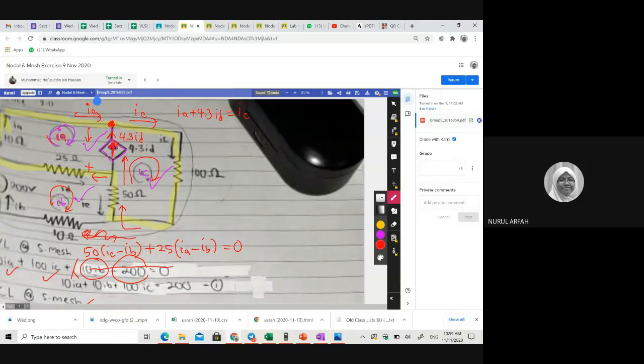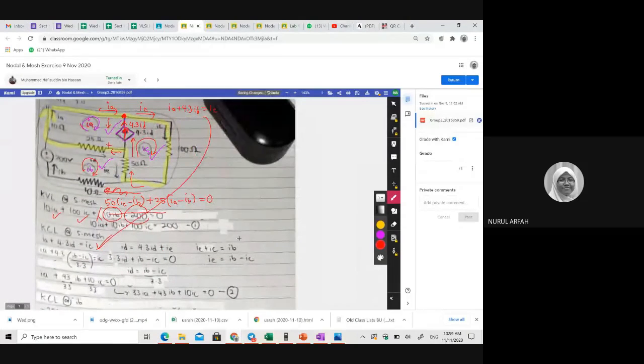So this is correct, like this part. If you have another way, which is the same current direction of your current source, which is IC, minus with opposite IA, IC minus IA equal to 4.3 ID. It should be the same answer for both equations here.